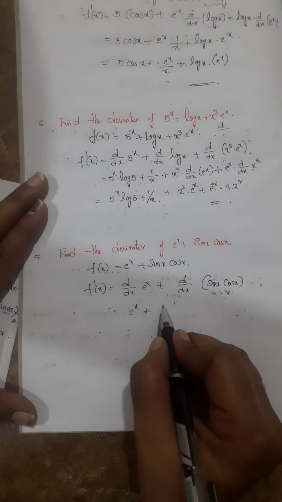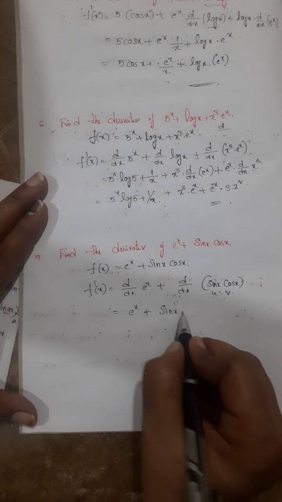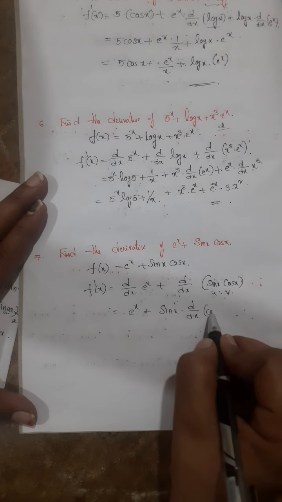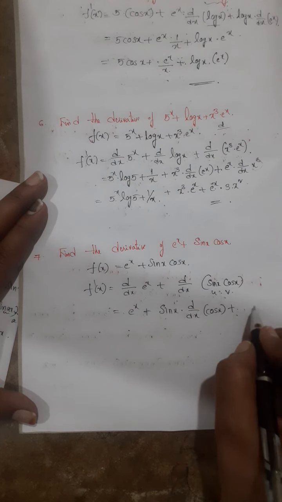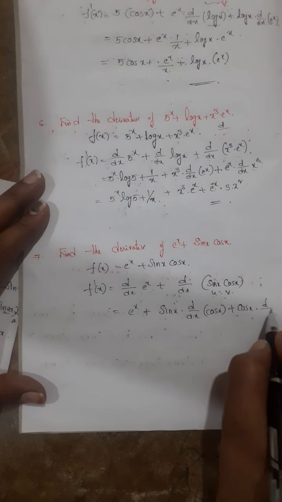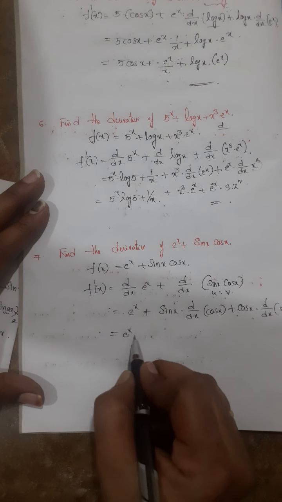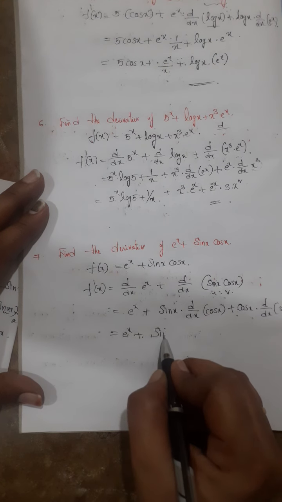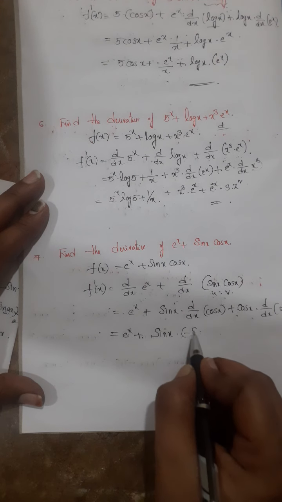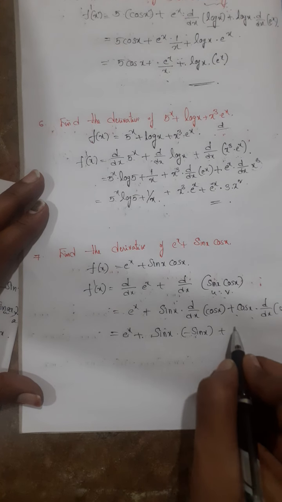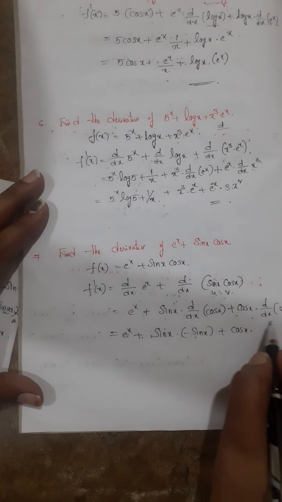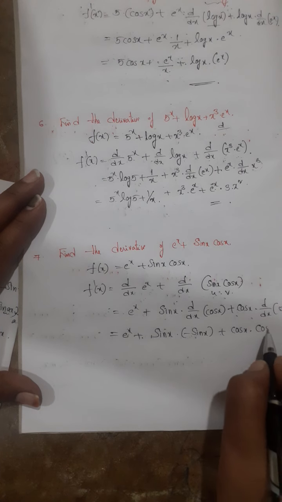plus sin x into d by dx of cos x plus cos x into d by dx of sin x. e to the power of x plus sin x into cos x differentiation is minus sin x, cos x into sin x differentiation is cos x.